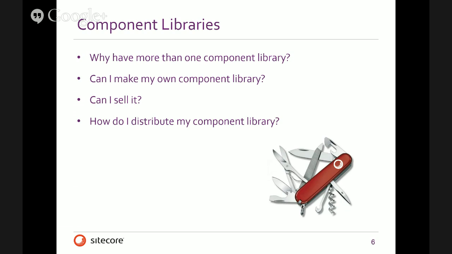And if they want to make some money off that, I think that's a great thing. GitHub is one place to distribute it, but the Sitecore Marketplace would be a great place to put a new component library. So multiple component libraries, that's about having choice.